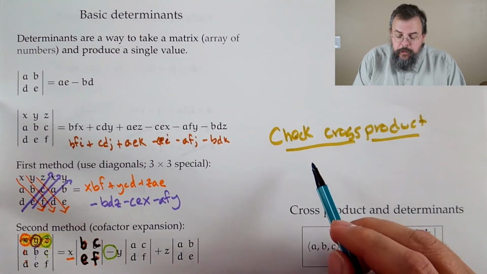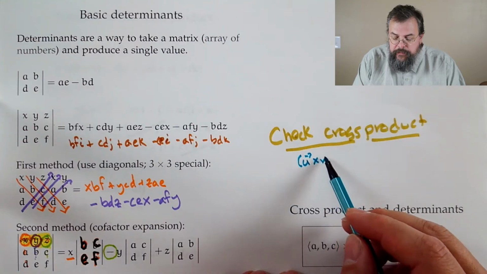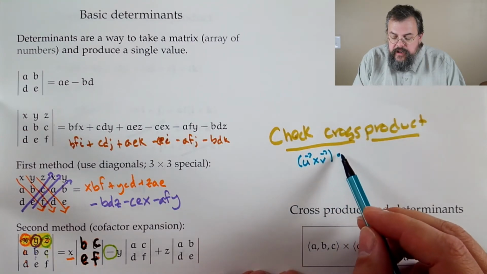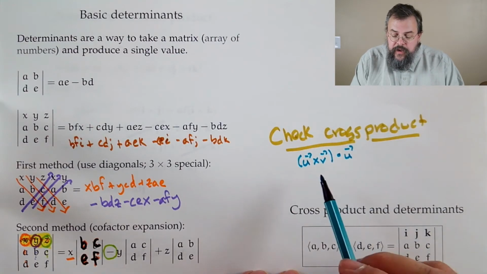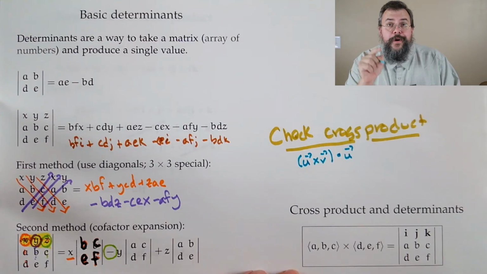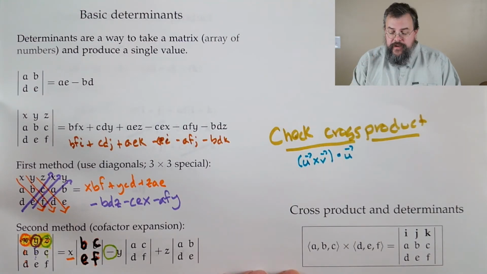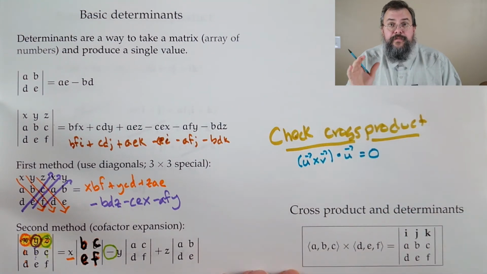So at the end of the process, we have an answer for what we think U cross V is, and we just do a quick dot product, because dot products are very quick to check. So if I take whatever I think the cross product is, and I dot it with U, what needs to happen? They have to be perpendicular, and therefore, it must be 0.